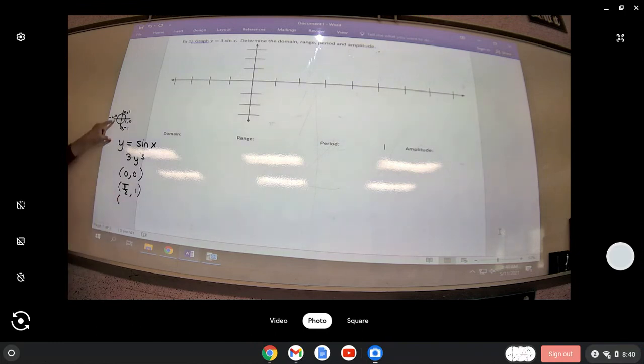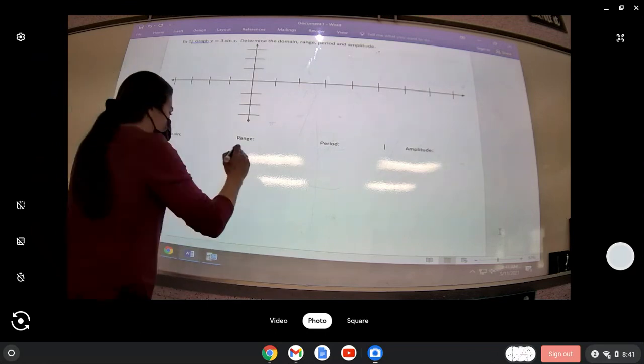At pi radians, the y coordinate was 0. At 3 pi over 2, the ratio is -1. Then we're back where we started at 2 pi, where the ratio is 0. We're going to transform those 5 ordered pairs by doing this to all of the y coordinates to create the new graph.